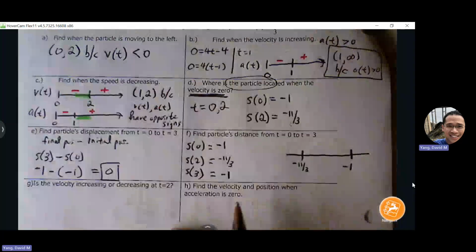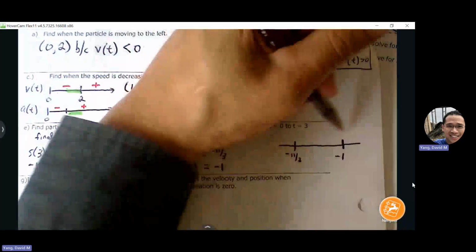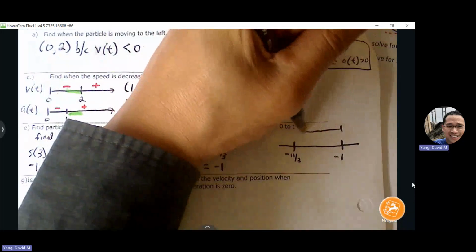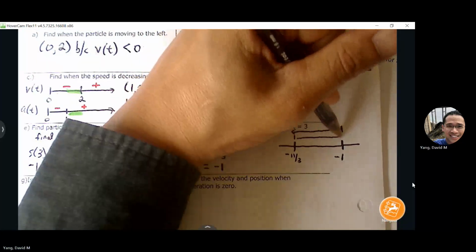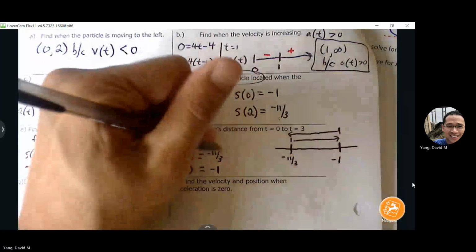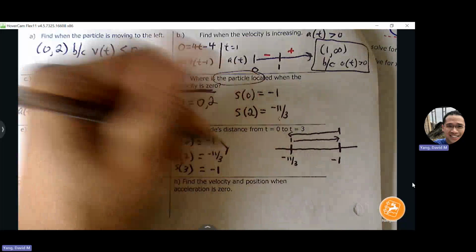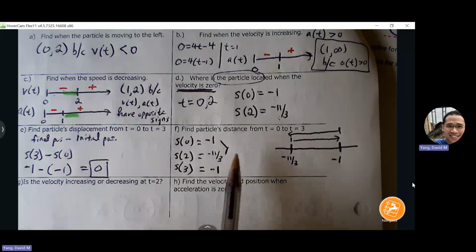I know the steps analogy doesn't quite work with fractions here, but you're walking from here to here, and then you're walking back. So how can I find the distance between 2 points? Just add them together? Yeah, I'm not going to add together.